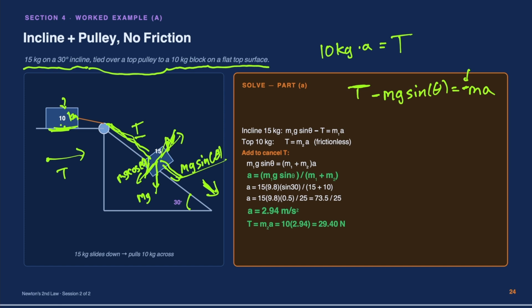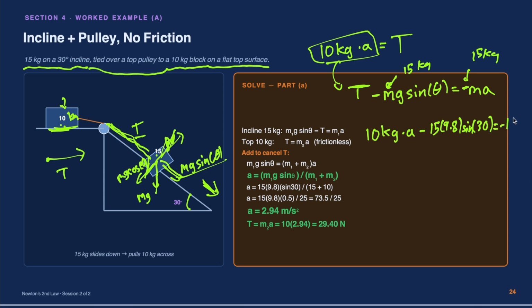So then I can substitute this into this. 10 kg a minus mg sine theta. So for here, before we substitute, we need to make sure what our m is, right? This time it's 15 for this block. So 15 kgs. Here also 15 kgs. So minus 15 times 9.8 sine of 30 is equal to negative 15 kgs a.